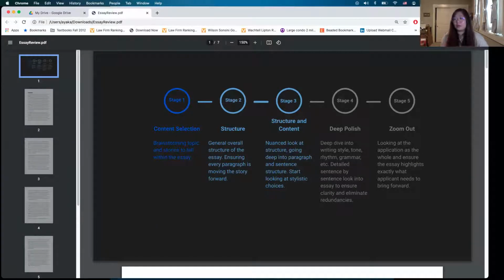What I just realized about stage 3 is, Ayaka, a lot of times someone will ask us to take a look at their essay, and they'll give it to us with language that sounds like, I'm turning this in tomorrow. Can you give it one last look?